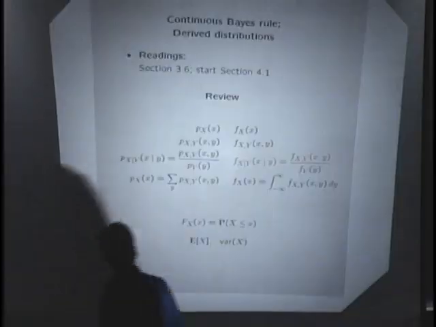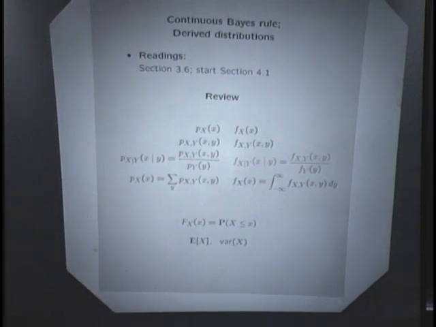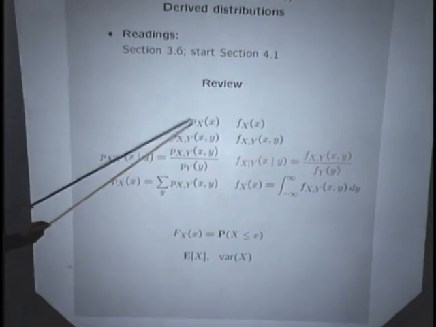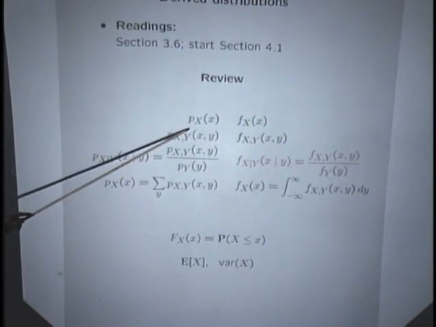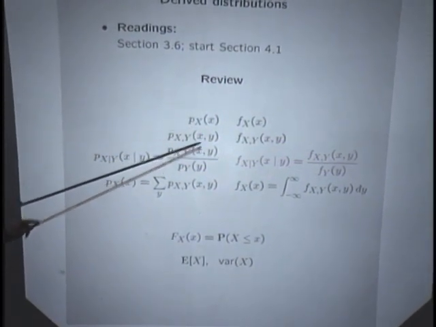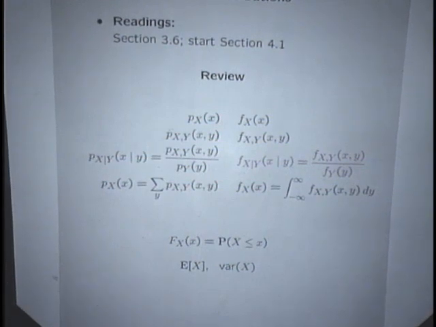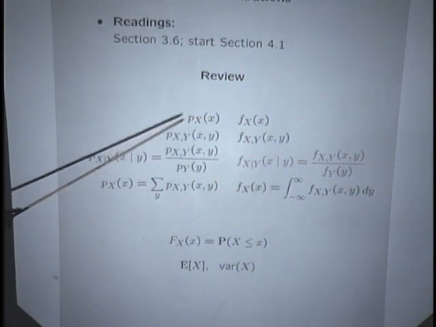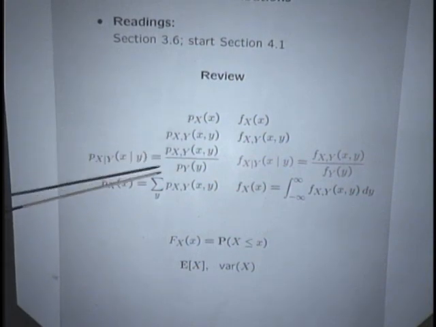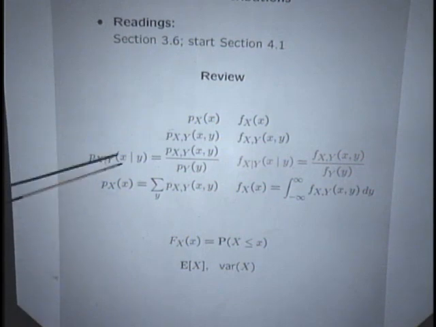So let's see where we stand. Here is the big picture. That's all we have done so far. We have talked about discrete random variables, which we describe by probability mass functions, or if we have multiple random variables, we describe them with a joint mass function. And then we define conditional probabilities or conditional PMFs. And the three are related according to this formula, which you can think of either as the definition of conditional probability or as the multiplication rule.